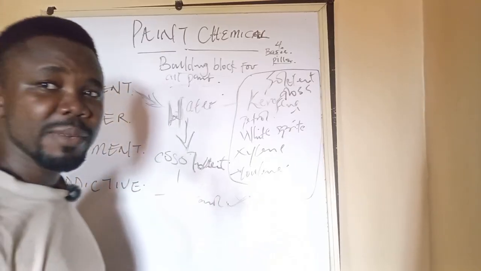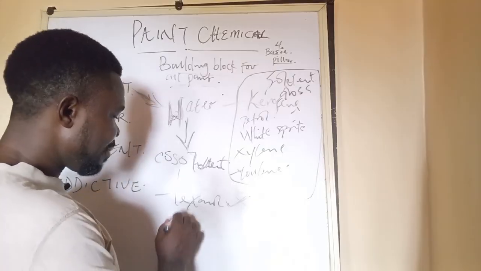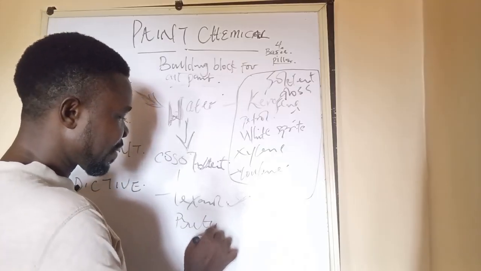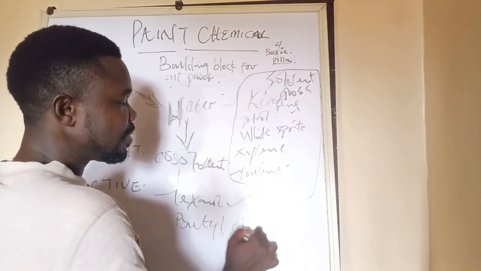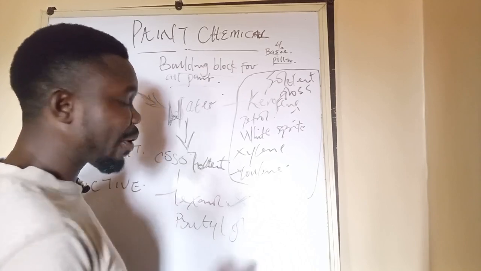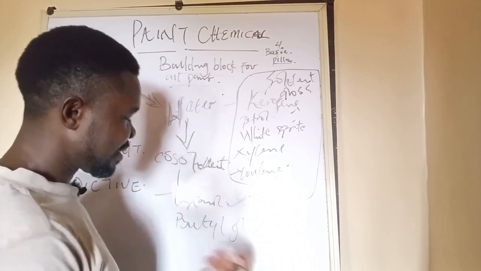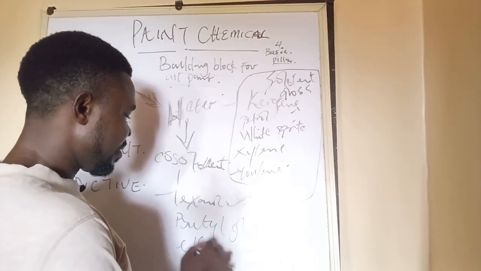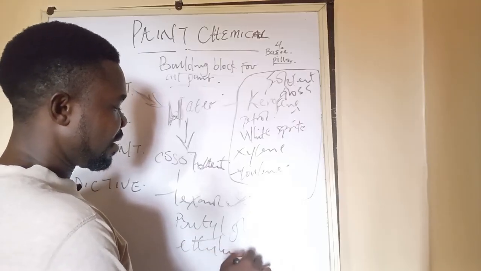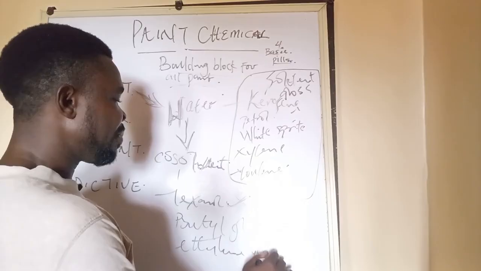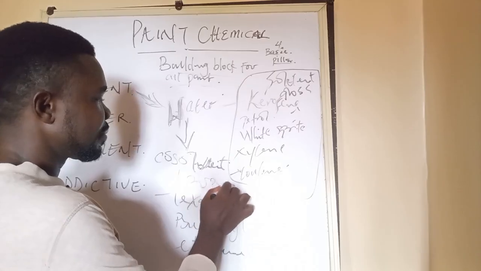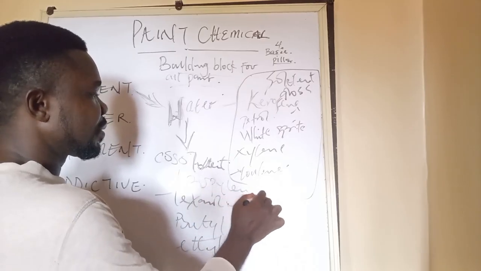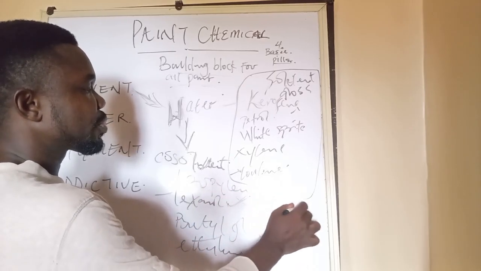What are the other examples of co-solvents? We have butyl glycol. In fact, all the glycols are co-solvents: your ethylene glycol, your propylene glycol. These are co-solvents.